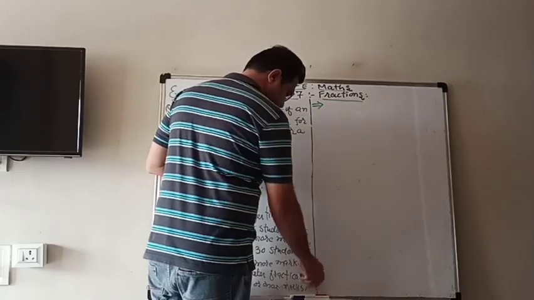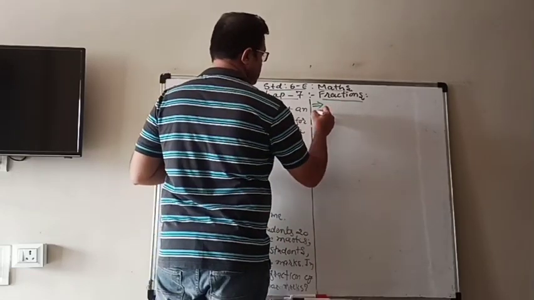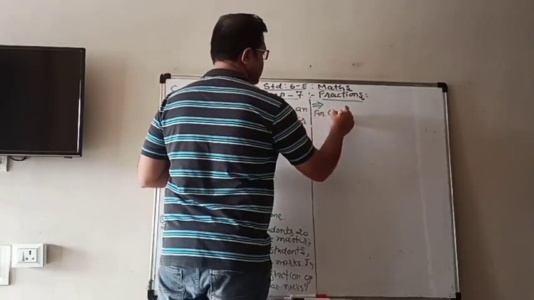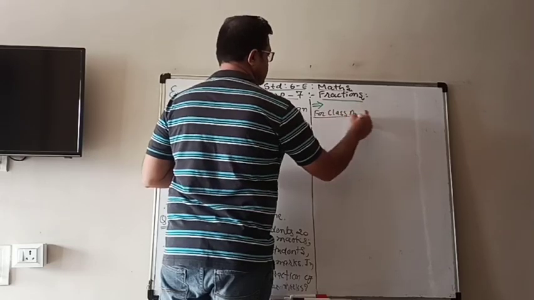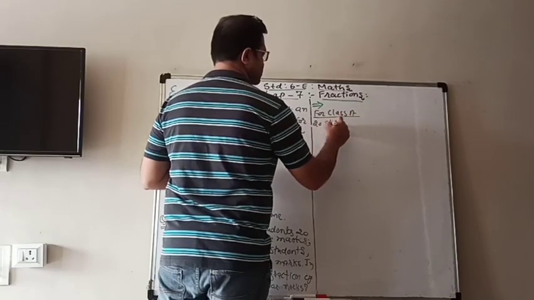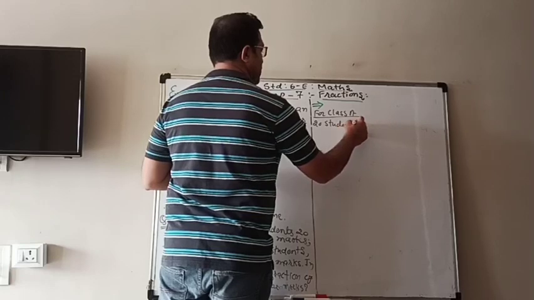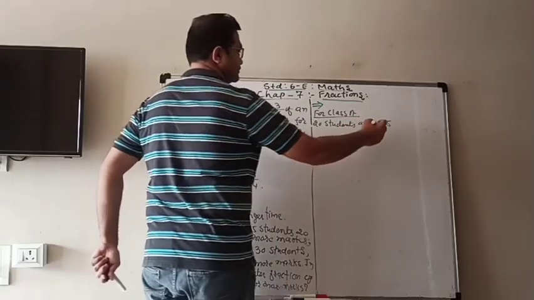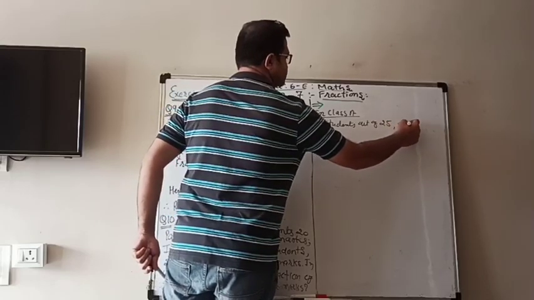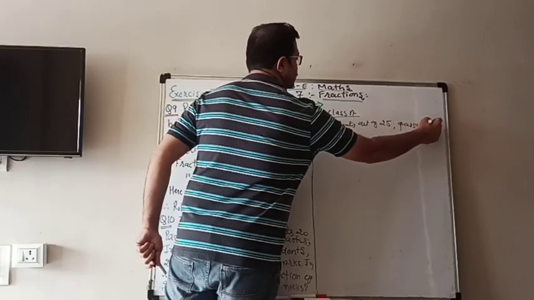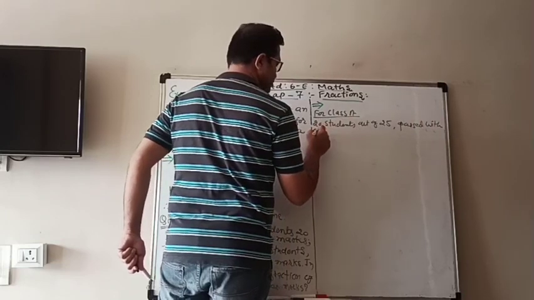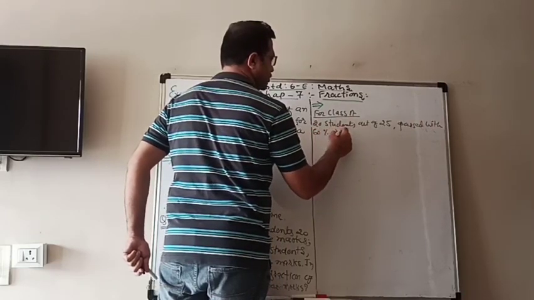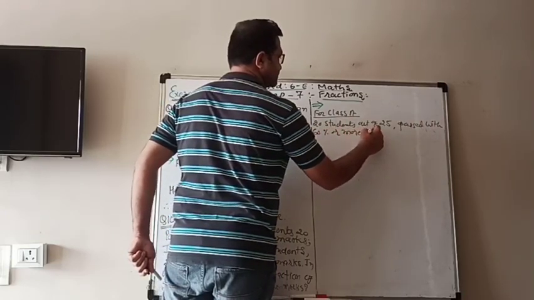So we will write down that for class A, 20 students out of 25 passed with 60% or more marks.